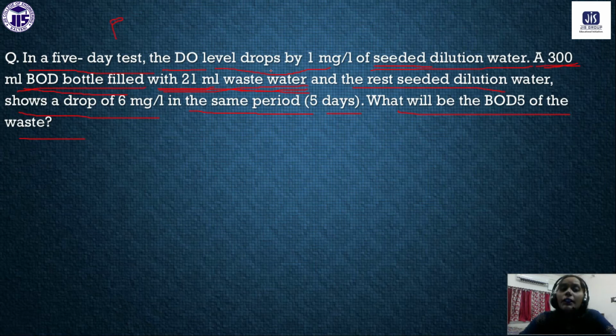Now one more thing. Look here, DO level drops by 1 milligram per liter. Mind it, here we don't have the initial value or the final value.